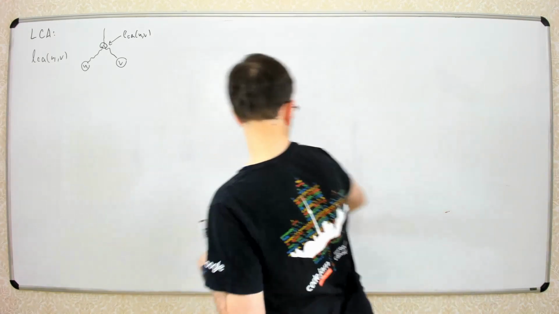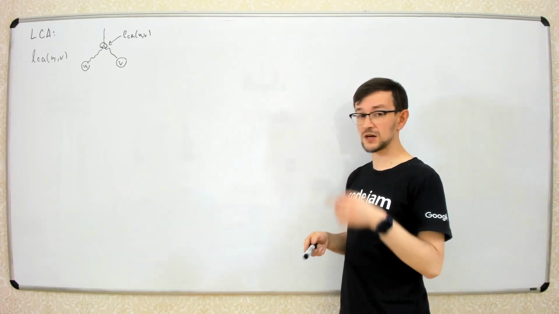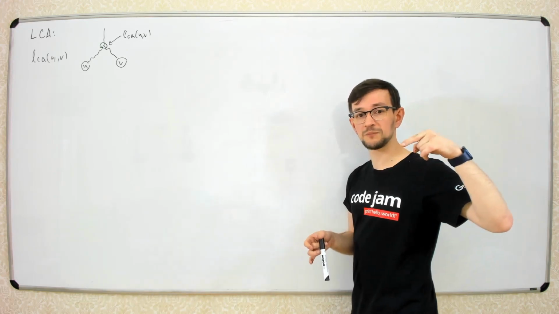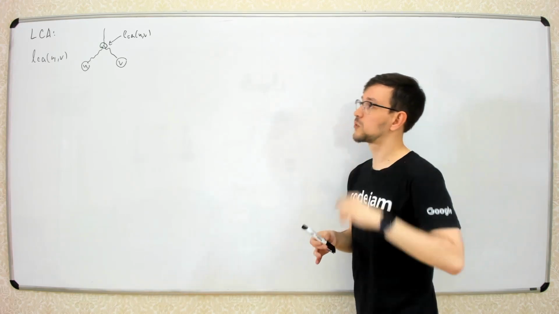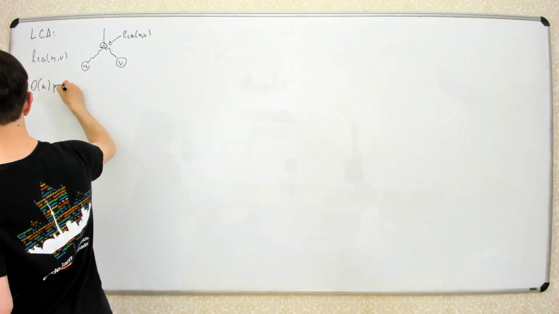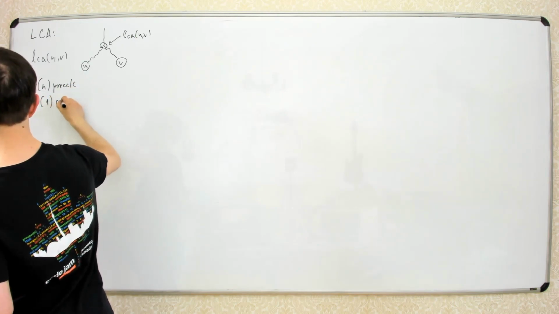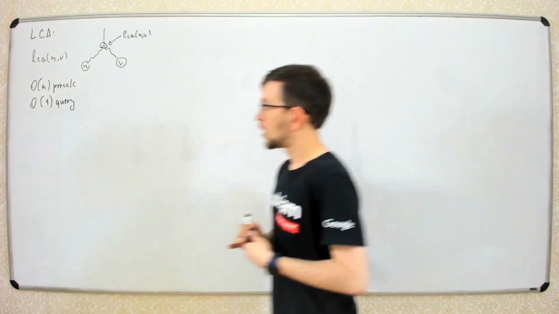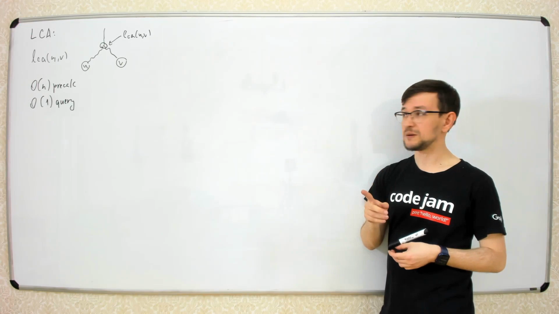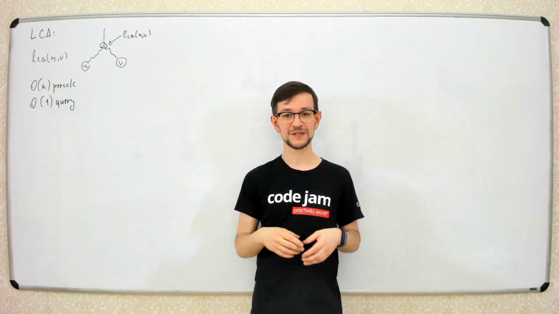What I want to do now is to show you another algorithm, which is practically very important. We learned how to use the Farach-Colton and Bender algorithm to solve this problem with linear time precalculation and constant time per query. But this algorithm was pretty complicated, so let's remember what we did to achieve this time complexity.